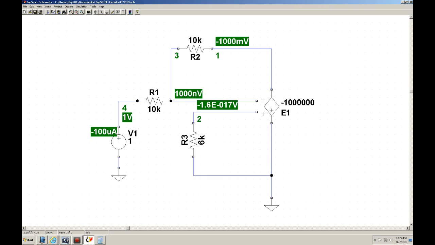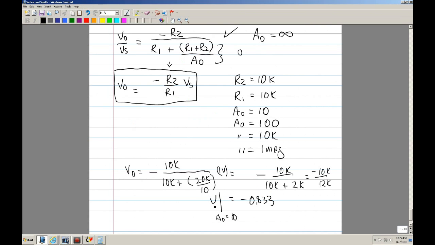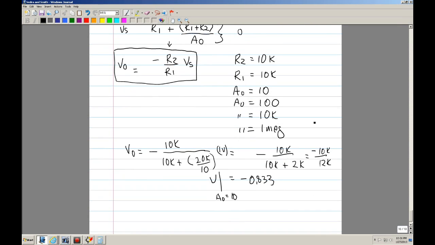So this proves that the equation does work, and I'll leave it up to you guys to plug in these numbers, and you'll see that this formula will predict the gain. It shows you the effect that the higher the gain, the closer to ideal voltages you're going to get, or at least what you calculate.